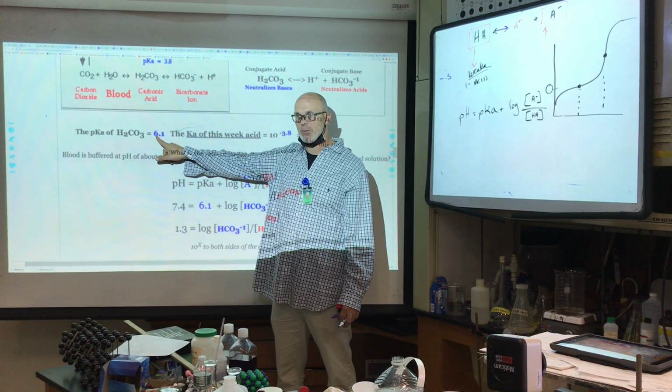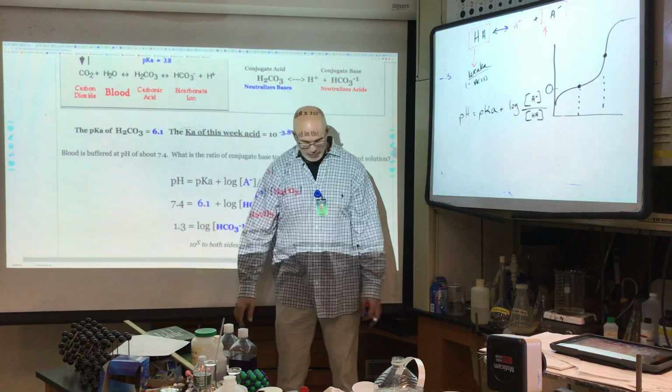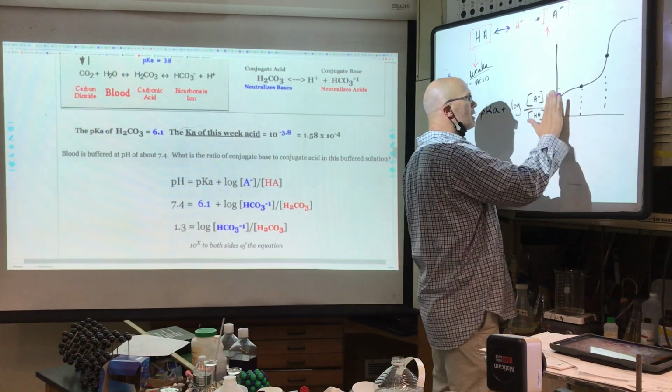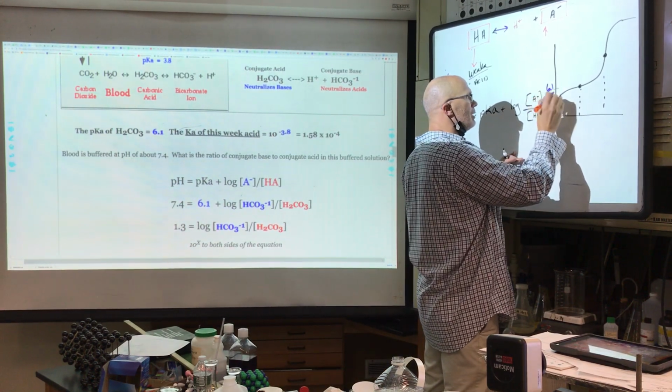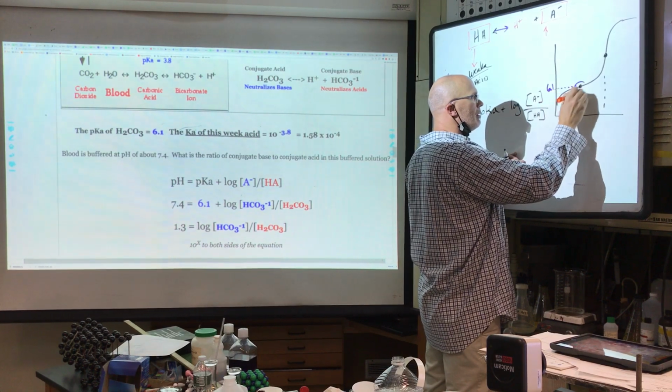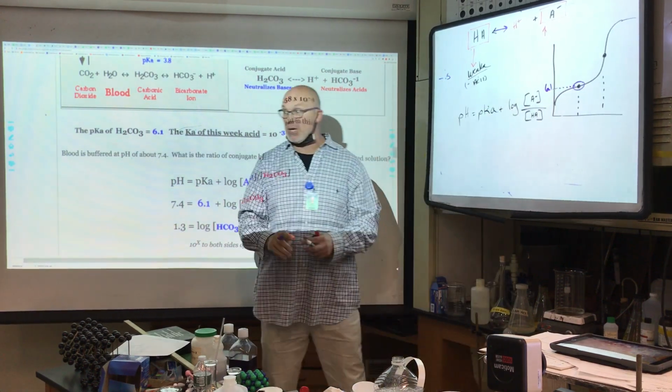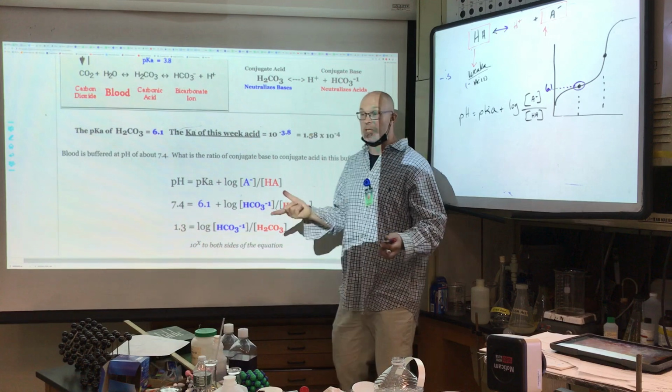The pKa equals the pH at the half equivalence point. So that is what? 6.1. So what does that mean? Well, the max buffering position for these two is 6.1.